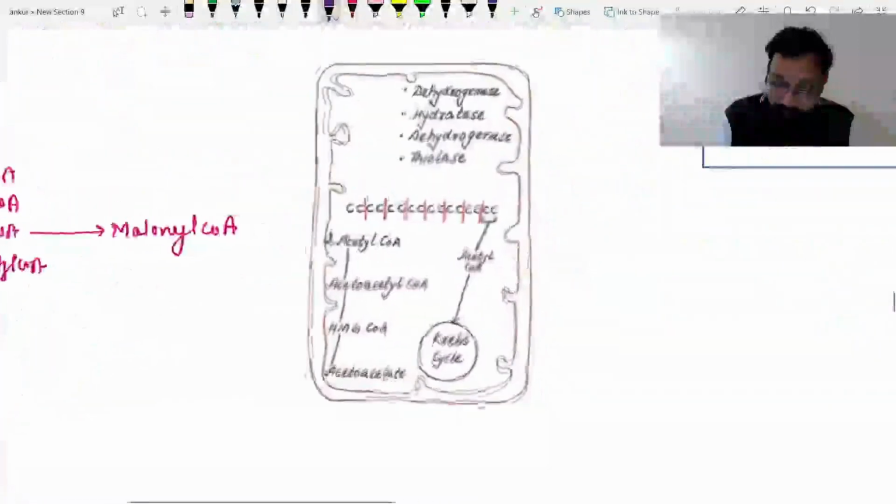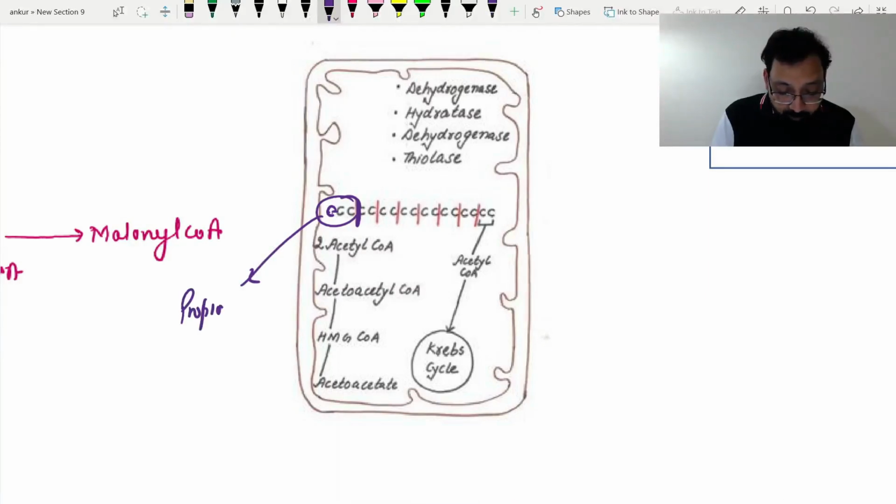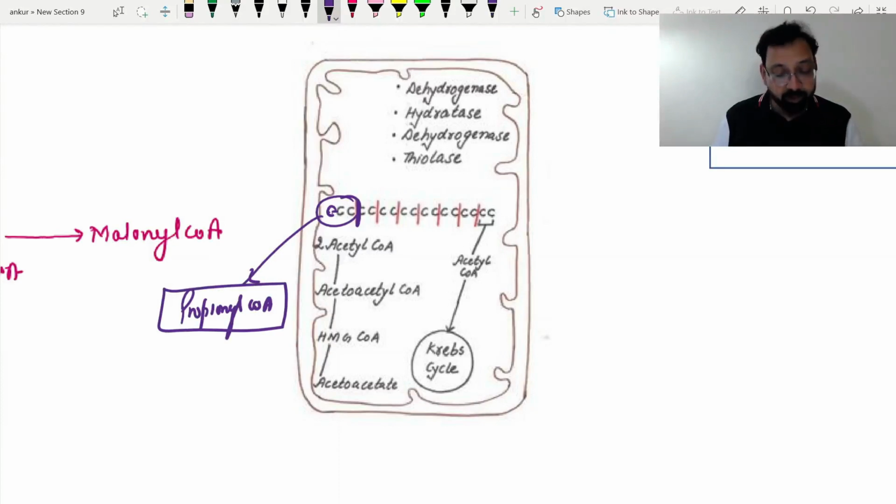Now, beta oxidation of fatty acid. If it is an odd chain fatty acid, the last cut will be done the same, and the end product is a 3 carbon compound, propionyl coenzyme A. Question is asked: odd chain fatty acid beta oxidation occurs, what is the end product? Propionyl coenzyme A, which can take part in gluconeogenesis.